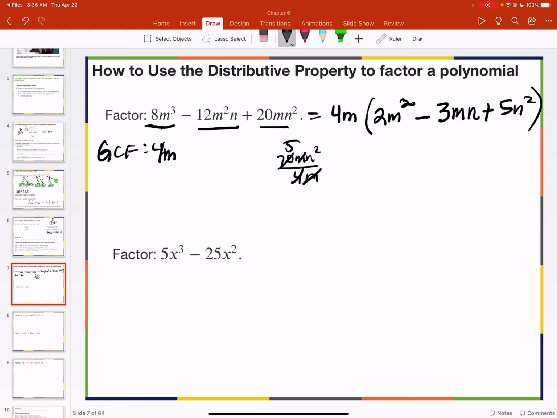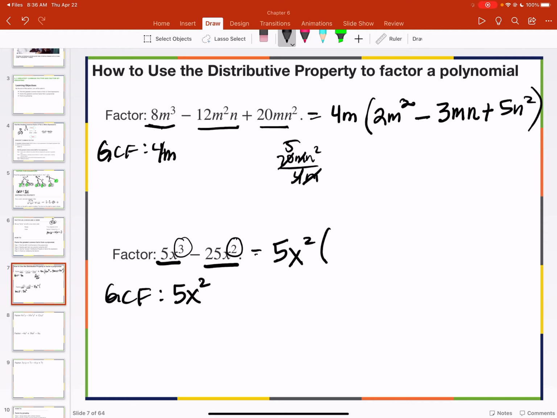You're basically dividing, but it's kind of helpful to ask yourself what times the GCF will give me this product. So here we have a 5 in common. My GCF here is going to be 5 and then x squared, because the lowest amount of variables is your GCF, so the lowest power.